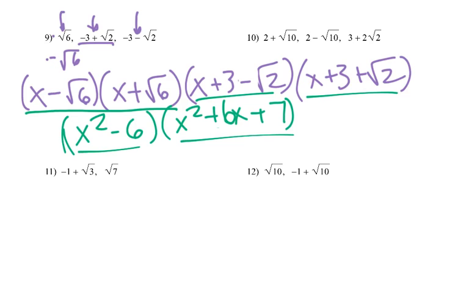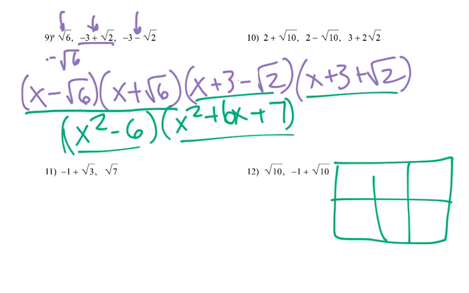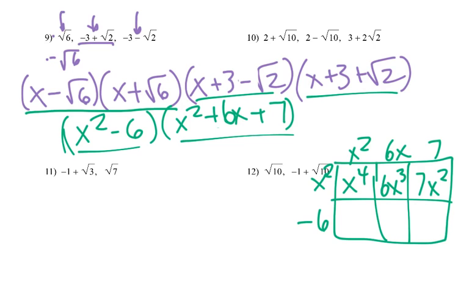Now we're going to multiply these guys. So we get x squared, negative 6, x squared, 6x, and 7. So x to the 4th, 6x cubed, 7x squared, negative 6x squared, negative 36x, and negative 42.